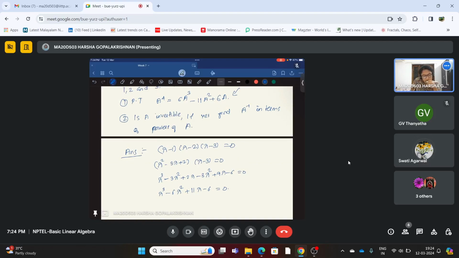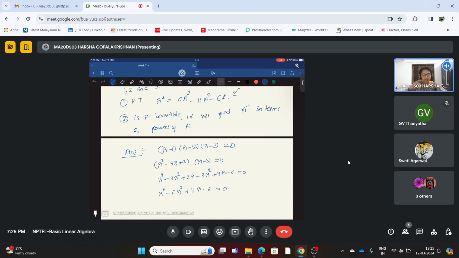Now, can we prove the first one? So we take A common out of the first equation, then it will become... Don't start from there.